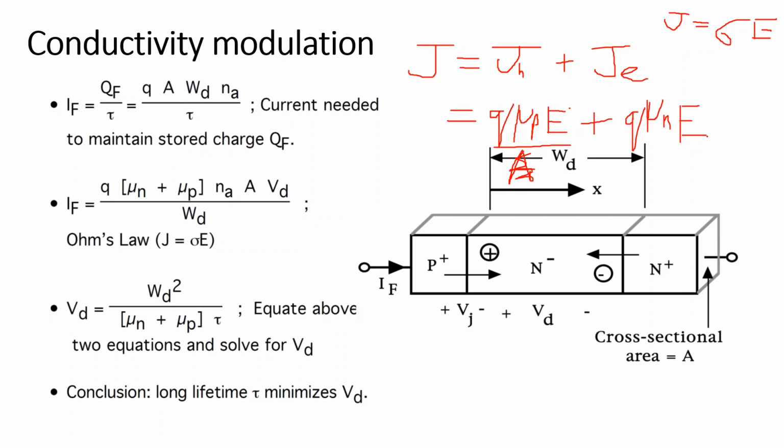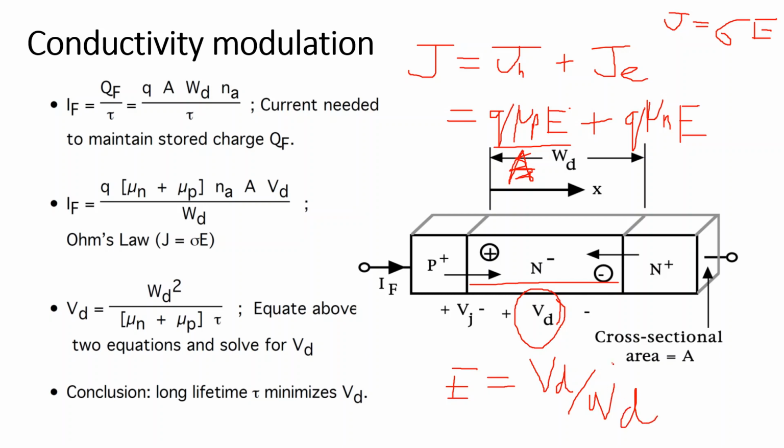Okay, now what is the electric field in this region? If voltage across it is Vd, then the average electric field will be the voltage divided by the width of the region. So the average electric field will be Vd divided by WD, right?